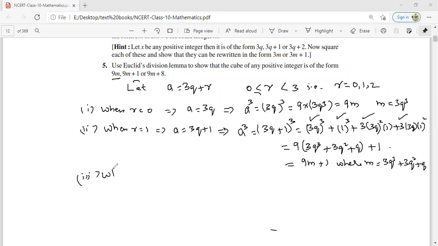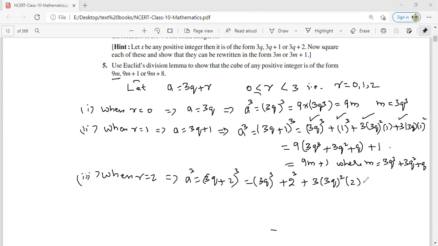And the last, when R is equal to 2, A will be equal to 3Q plus 2, and whole cube, will be equal to 3Q cube, A cube plus 2 cube plus 3 into 3Q square into 2 plus 3 into 3Q into 2 square.